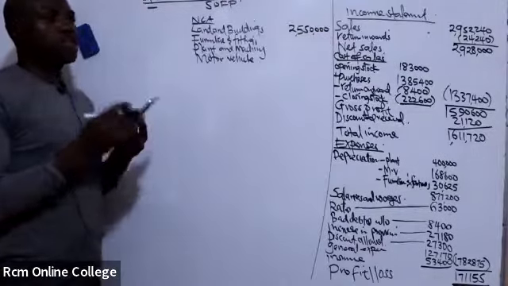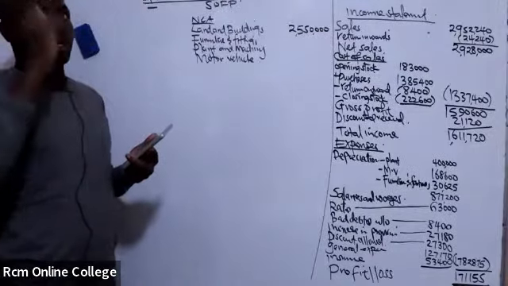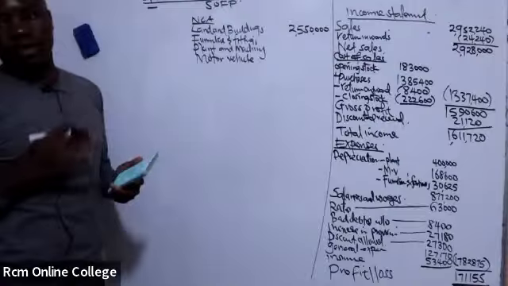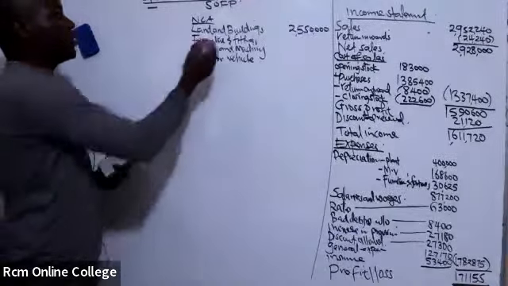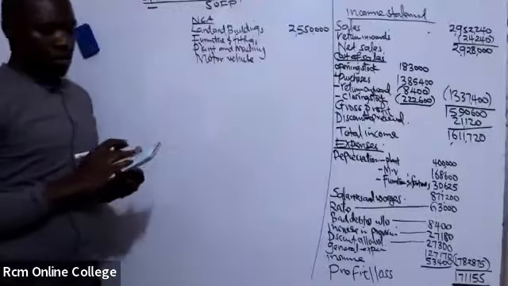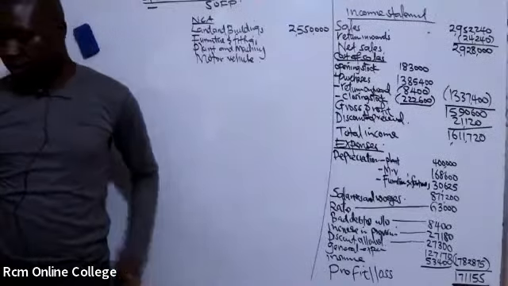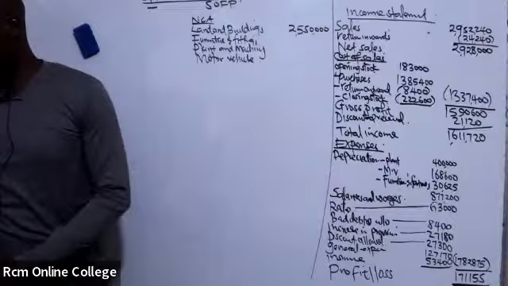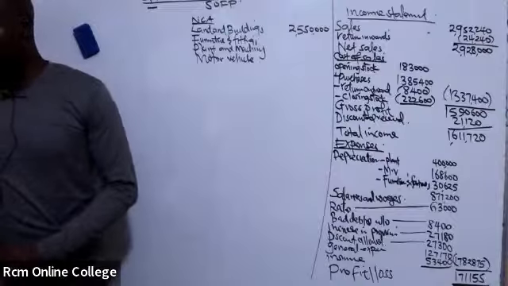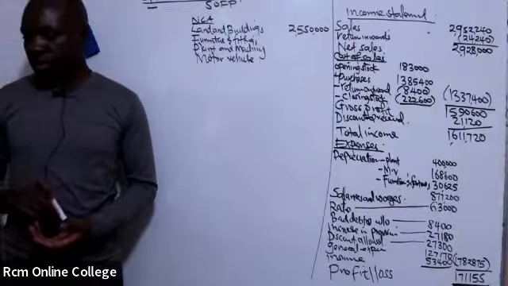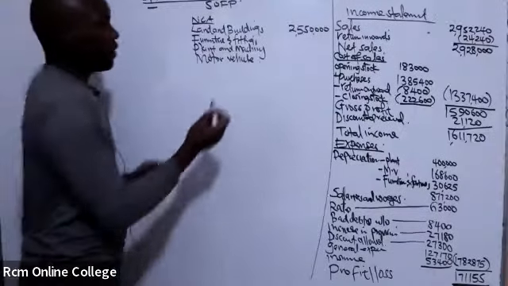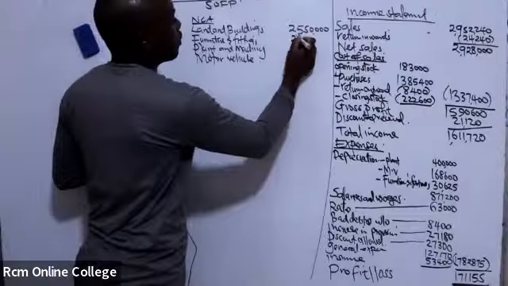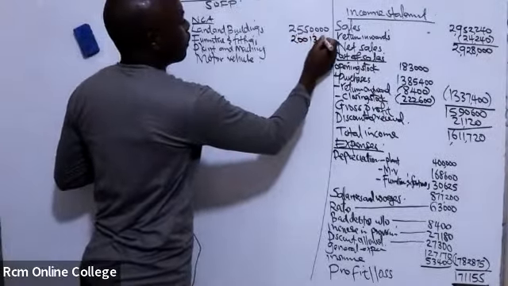For furniture and fittings, you can now go to the net book values. Remember the net book values. I want the figures from you. Furniture and fittings: 200,135.